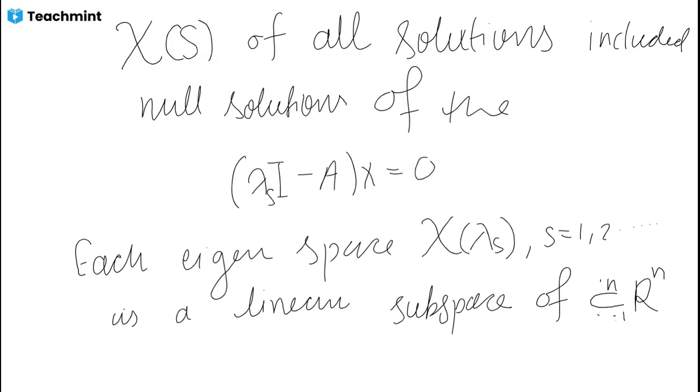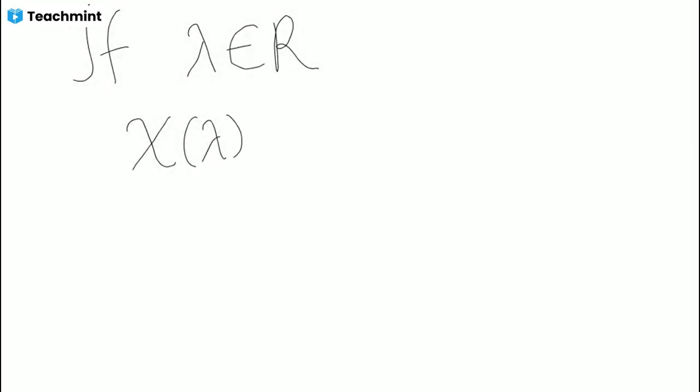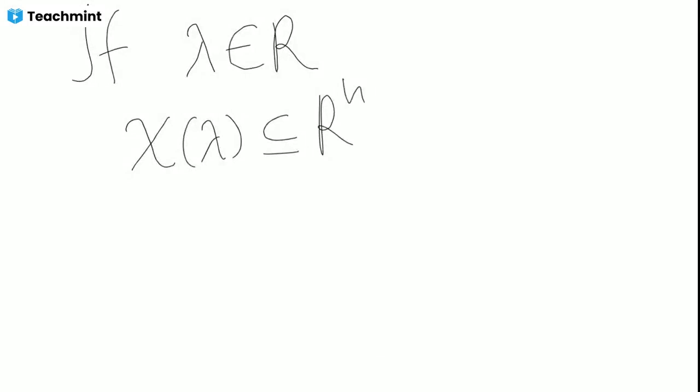Are you getting this point? I'm explaining it here also. If we have a real matrix and lambda belongs to the real numbers R, then chi lambda will be a subset of Rn, because in Rn we have all n values, forming the set of vectors.